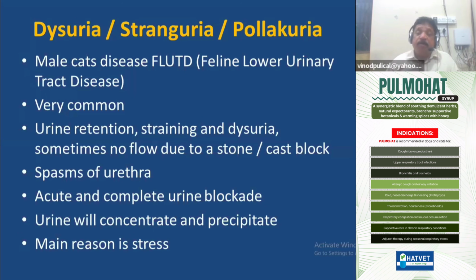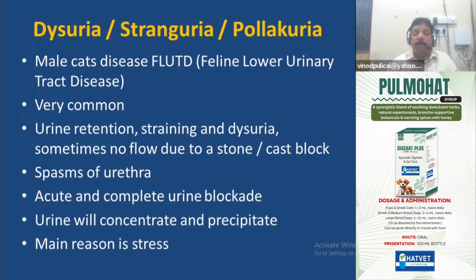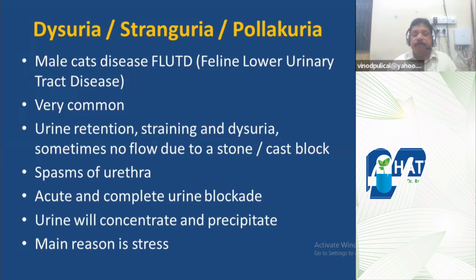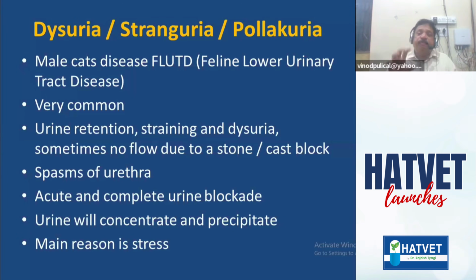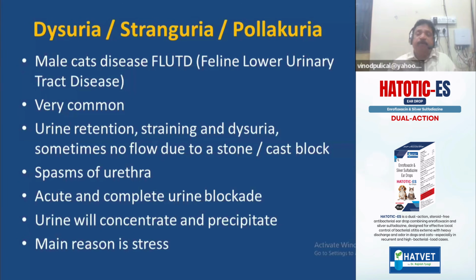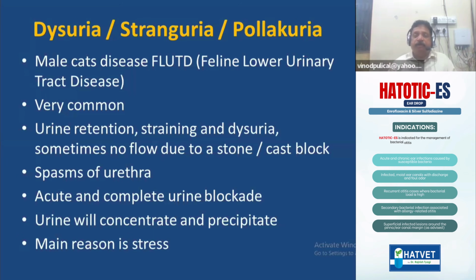The requirement of oral water in the cat is 50 ml per kg per day. So a 3 kg cat needs 150 ml of drinking water or 150 ml of fluid from succulent food. We are giving 50 or 100 grams of dry food containing only 5 to 10% moisture, maximum 10%.